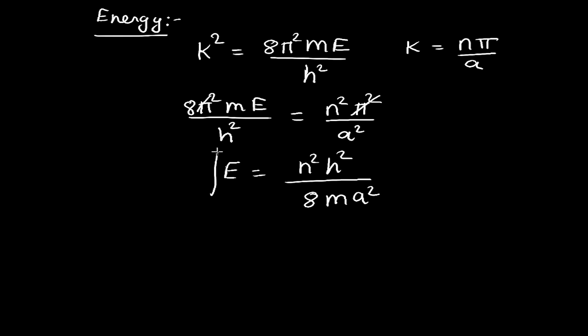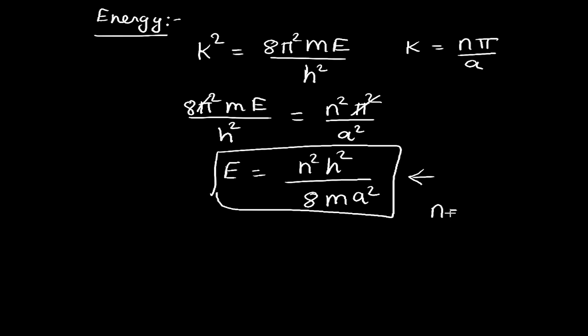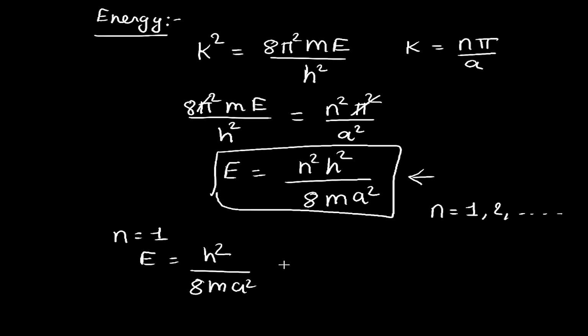So this is the expression for the energy of the particle which is confined in the one dimension box, and over here the values of n will lie from 1, 2, 3 and up to infinity. So for n is equal to 1, the value of E is h square upon 8 m a square, and this value is known as the zero point energy, that is the minimum energy that a system will have.